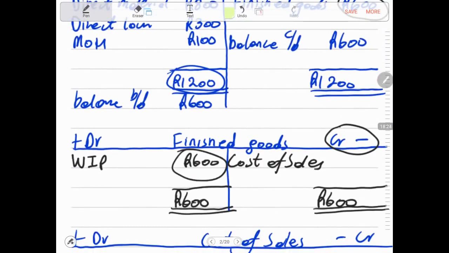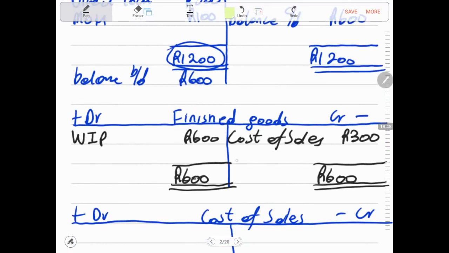And the minute finished goods are sold, the inventory that is available for sales will decrease, because part of it was sold. I just said that the inventory that was sold is worth 300 rands, meaning out of the inventory that was available for sales, we sold 50%, meaning only 300 rands of the inventory was sold.